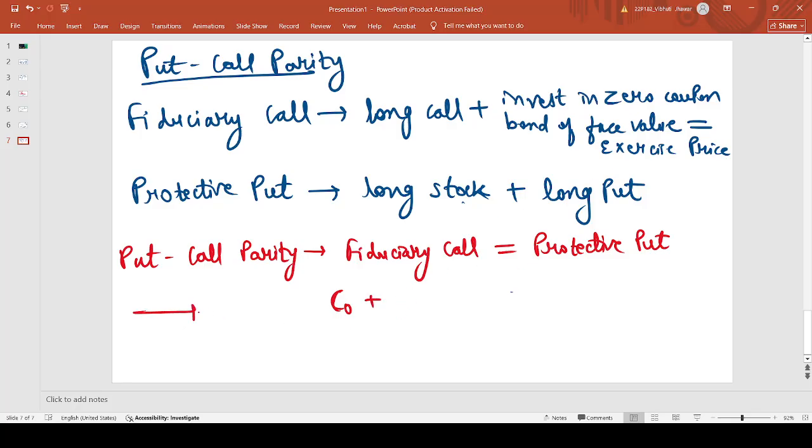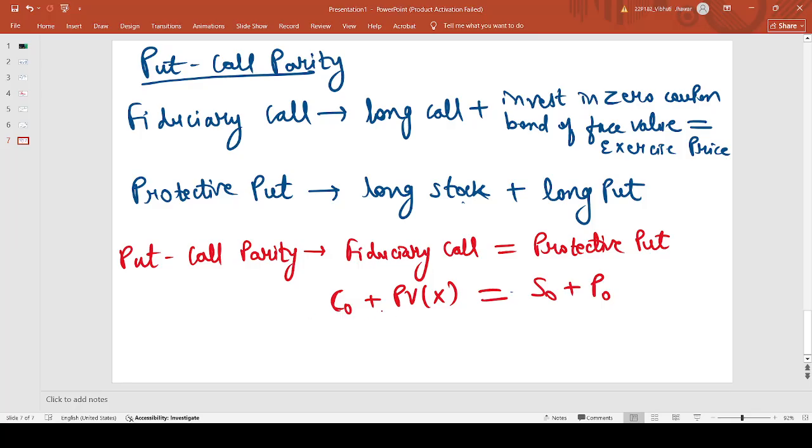If at year one you are getting X, then today you will get PV of X, and why X? Because we are investing in a zero coupon bond where the face value is equal to the exercise price of the option. So the value of the fiduciary call would be C0 plus PV of X, and this is equal to the protective put, which is long stock S0 plus P0.